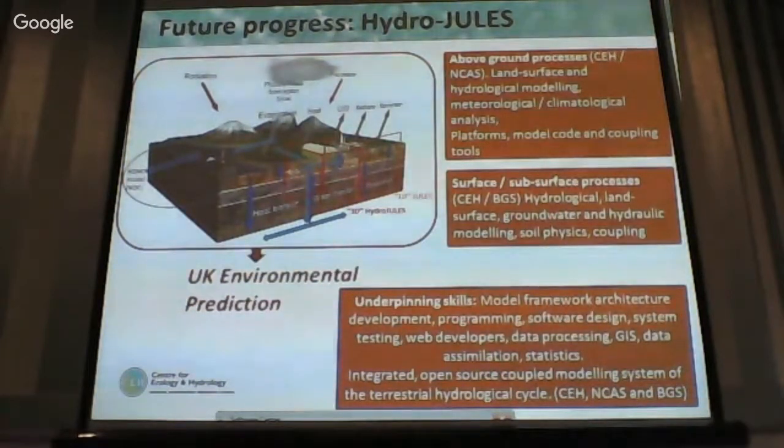This should be flattering to some people in the room, but future progress in the UK is going to be delivered, I hope, through a programme of work called Hydrology, where really it's an appreciation of the fact that the JULES system has been developed mostly with the atmospheric feedbacks and the longer-term climate and carbon cycling effort, with relatively little investment in what the hydrology is doing.